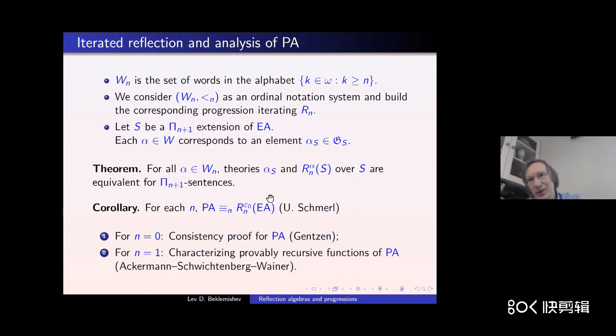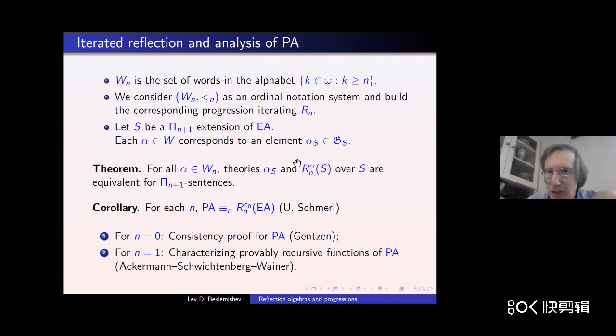So there is a natural relation between well ordering W and the algebra, and well ordering W is just another way of looking at epsilon naught. So we relate in this way logical theories exemplified by alpha, and it leads us to this relation by Schmerl, which is about PA itself, if you like.